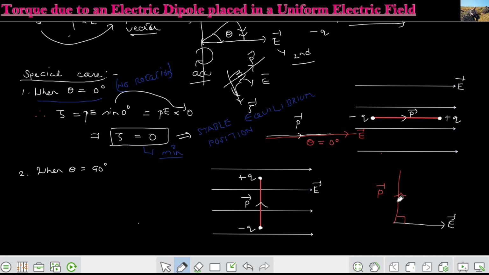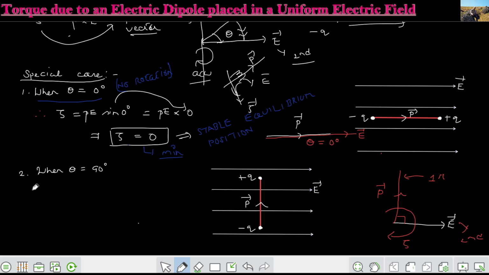So when this is 90 degrees, the torque in this case will be in that direction. Always rotation from the first vector to the second vector. So it will rotate in this direction, anti-clockwise and out of the page.